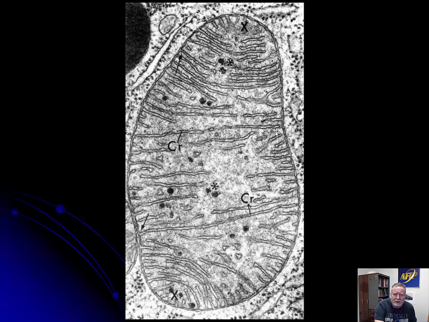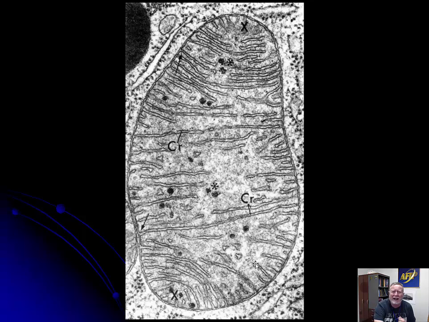So we have a lipid membrane on the outside, and that is continuous with the cristae here. And the cristae, which are nice and long, and there's lots of them in this particular cell. So that tells me, because cristae are where oxidative phosphorylation takes place, where ATP is made, the more cristae you have, that means a higher need for ATP.